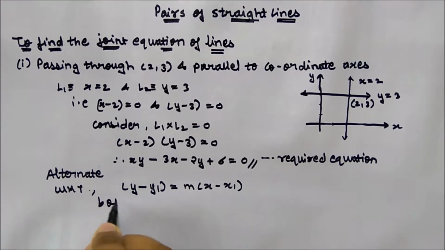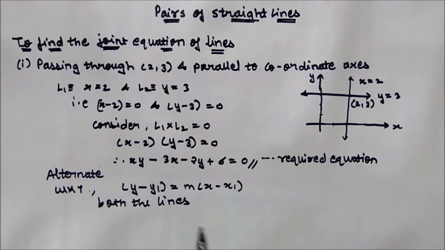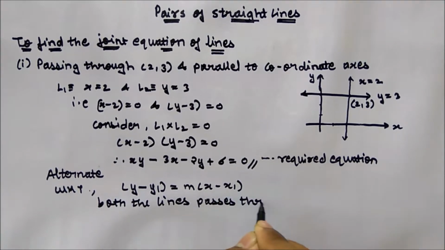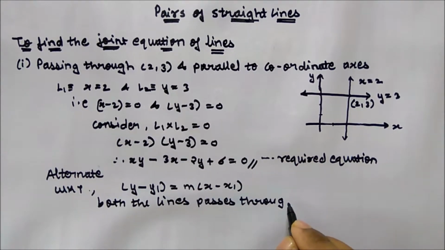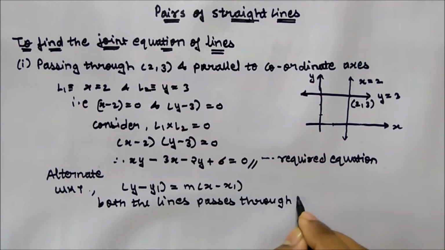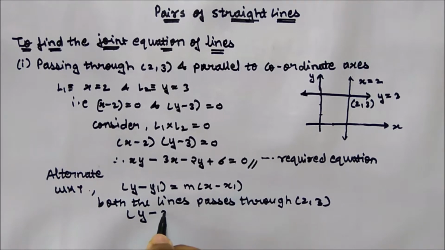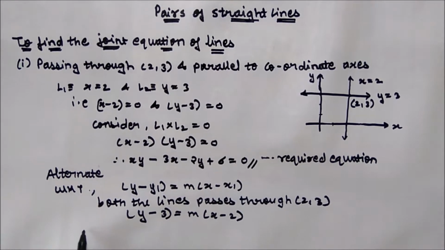Now both the lines are passing through this point (2, 3). So we can substitute this point and we will get y minus 3 equal to m(x minus 2).